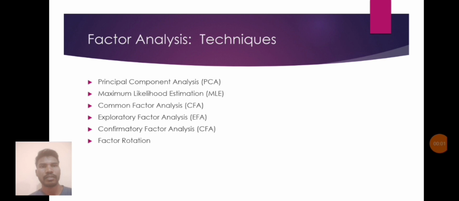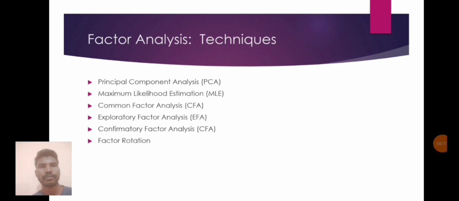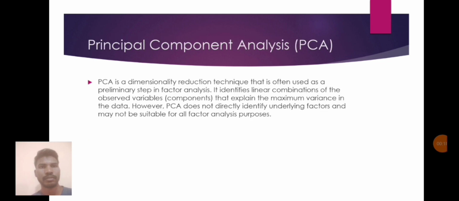Factor analysis techniques: principal component analysis, maximum likelihood estimation, common factor analysis, exploratory factor analysis, confirmatory factor analysis. Principal component analysis: PCA is a dimensionality reduction technique that is often used as a preliminary step in factor analysis.